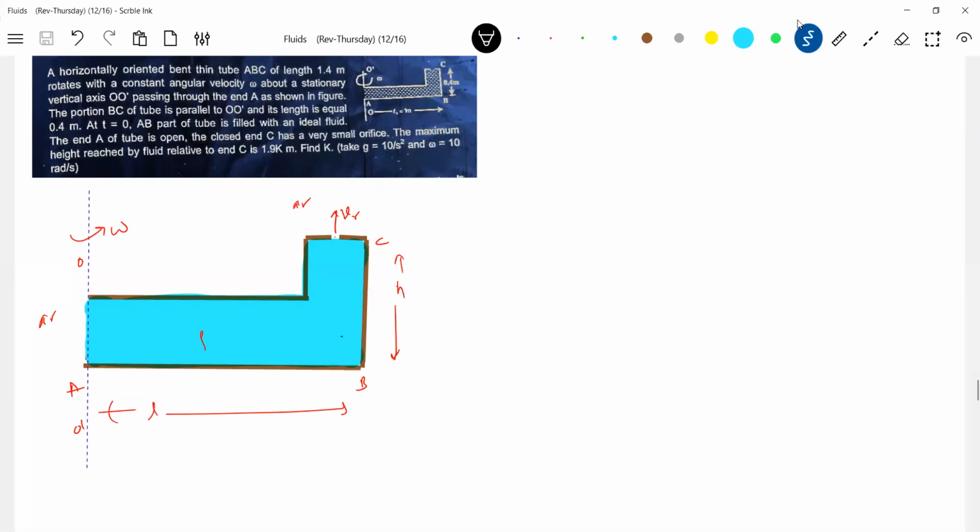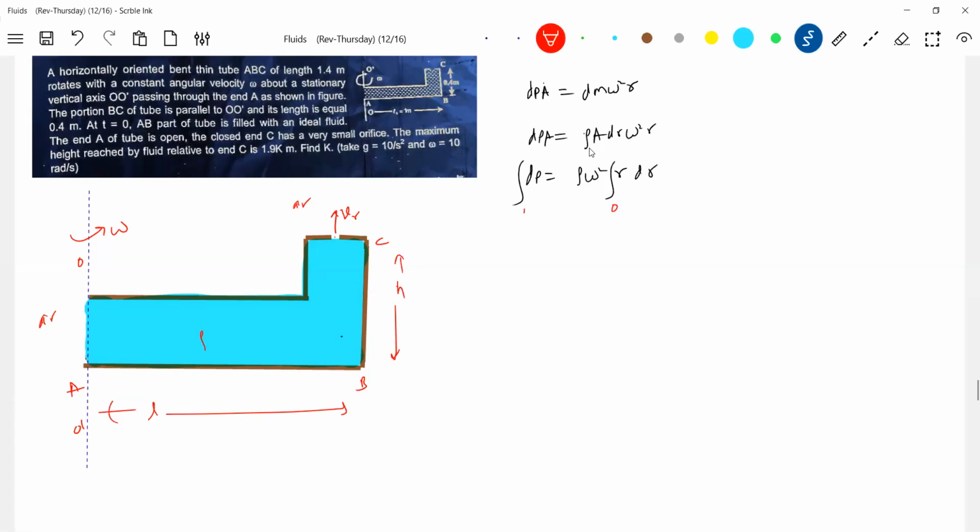If you find it difficult, start with this formula: dm is equal to rho A dl, so dp into A equals rho A dr omega square, so dp is equal to rho omega square r dr. Let's get into the limits.